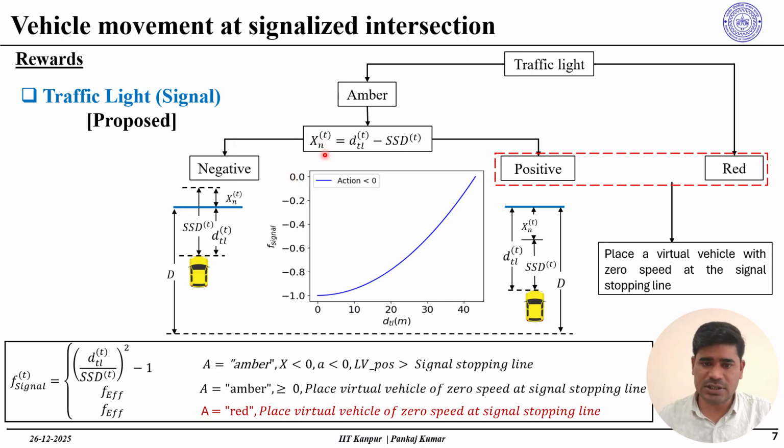If the value is negative, the vehicle does not have enough space to stop before the stop line, so if the ego vehicle decelerates, it gets a penalty. When the value is positive, the ego vehicle has enough space to stop before the stop line, so if the vehicle accelerates, it gets a penalty. Whenever the signal is red, we place a virtual vehicle with zero length and zero speed at the stop line, and based on that the agent gets the reward. In this way we have formulated the reward function for the traffic light.